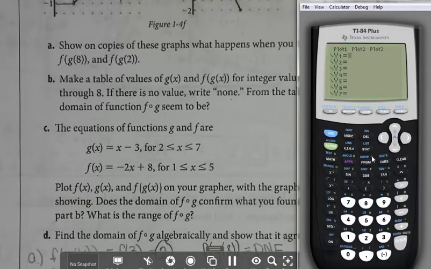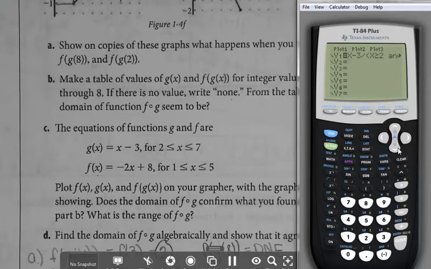Plotting into my graph, let's see, g of x is x minus 3, and I'm going to divide that by the square root variables. So x needs to be greater than or equal to 2, and it also needs to be less than or equal to 7.